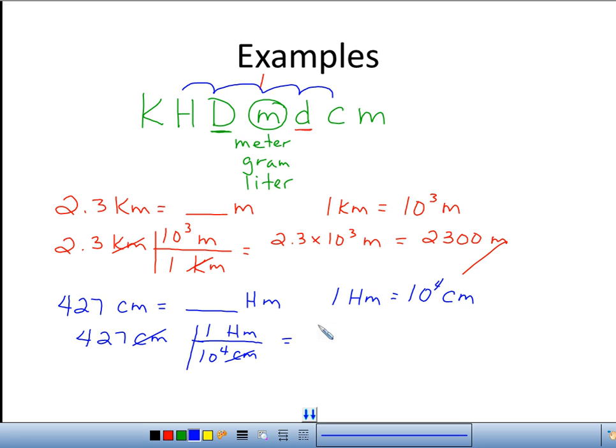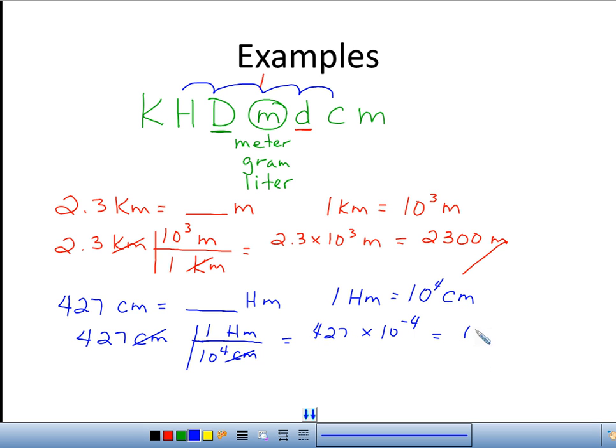So without a calculator, that would be 427 times 10 to the negative 4, or divided by 10 to the 4. When you bring this up to the numerator, it becomes a negative exponent, and now I can either just plug that in my calculator, or I can do the math in my head, and I can say that that is, move this decimal over, 1, 2, 3, 4.